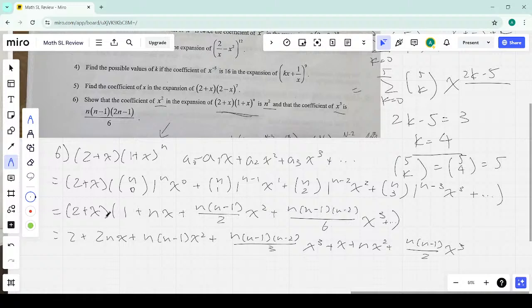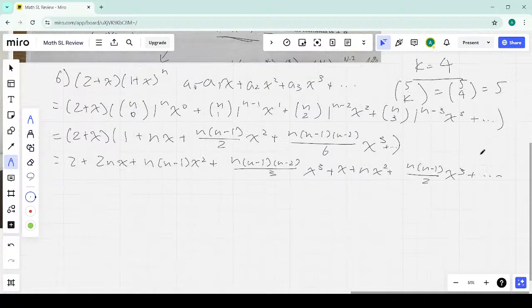And I don't really care about x times the x cubed term, because that's going to give an x to the 4. So plus dot dot dot. So combine like terms: 2 plus 2n plus 1 x. So I have this, got that, plus n times n minus 1, which is n squared minus n, expanding that, plus another n, which is here.